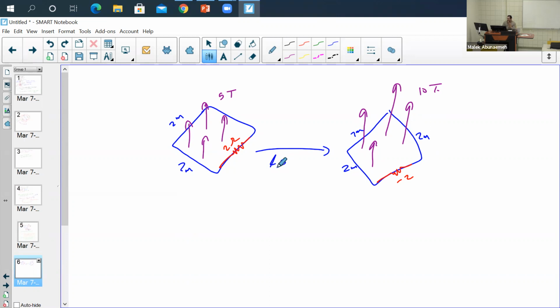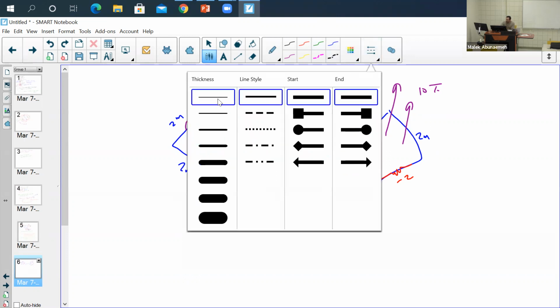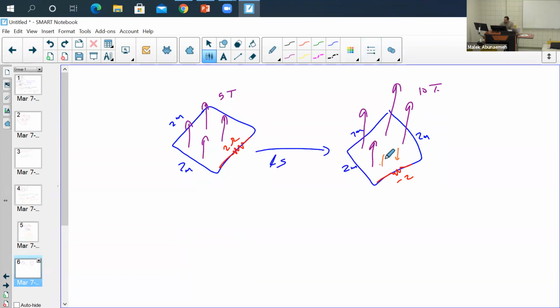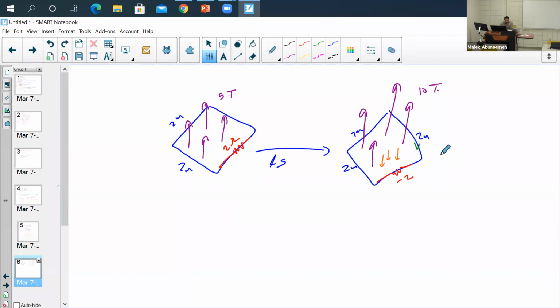Again, according to Lenz's law, this is going on top. That means we need the flux to go on the other side. That means we actually have the current going in this way, according to our right-hand rule that we just drew.